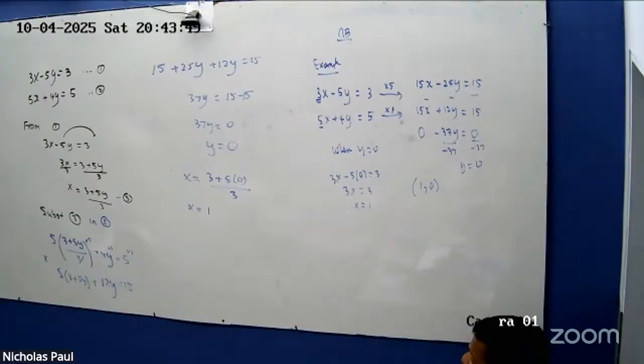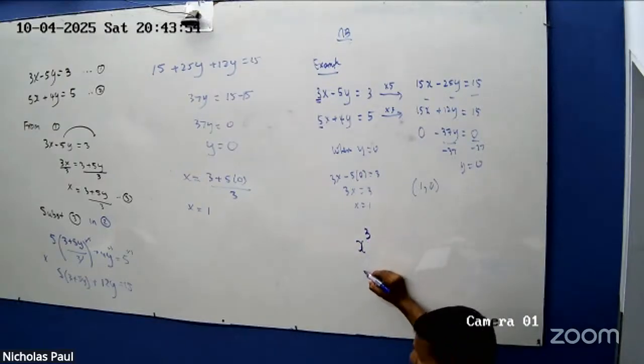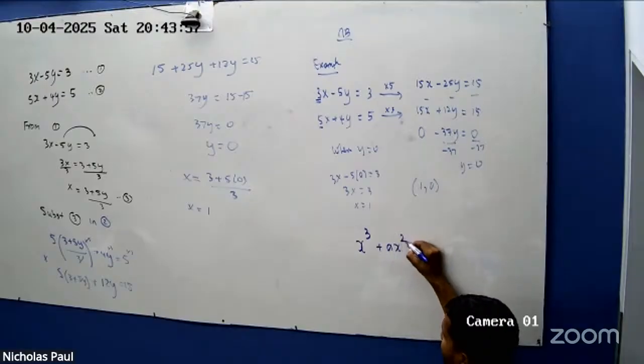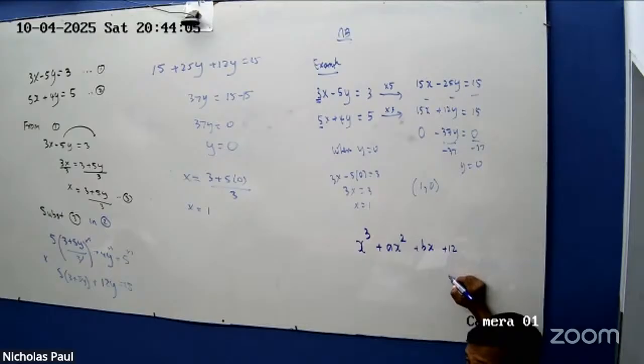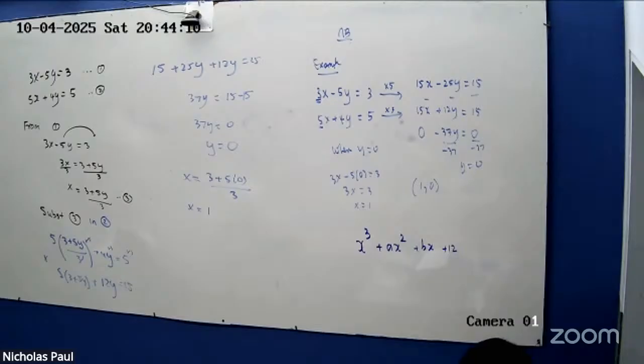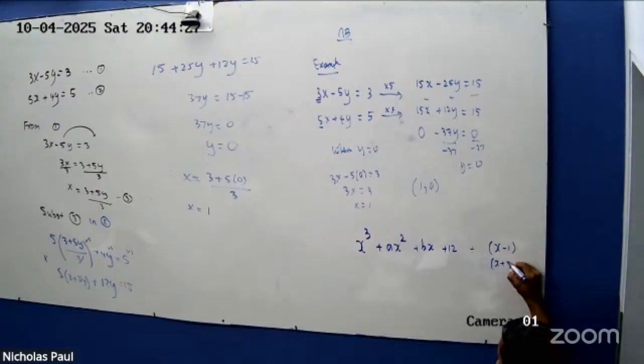The expression x cubed plus ax squared plus bx plus 12 is exactly divisible by x minus 1 and x plus 3.